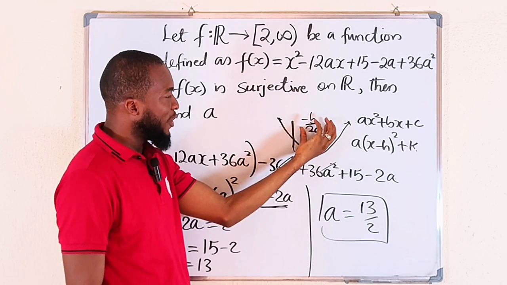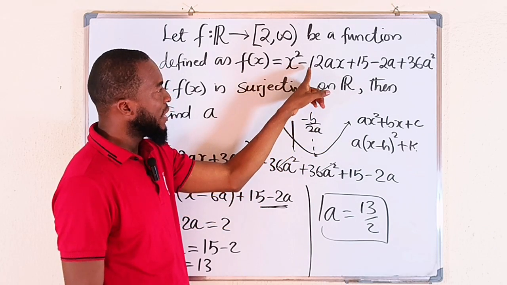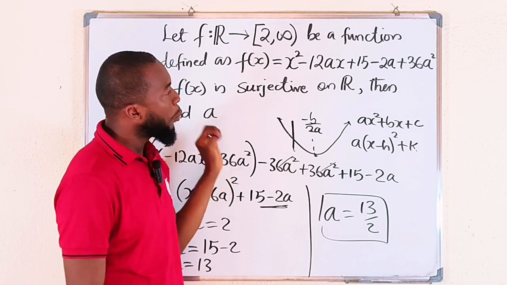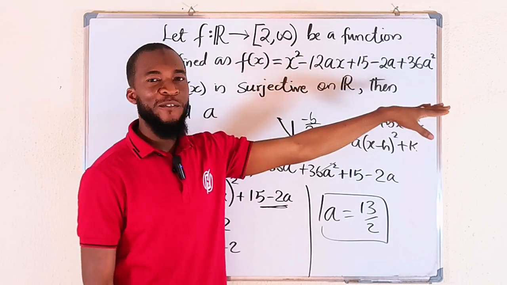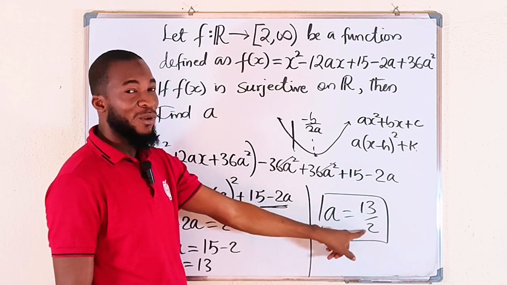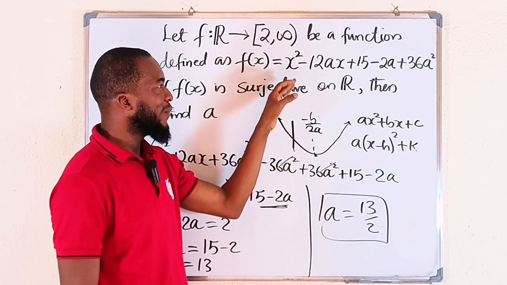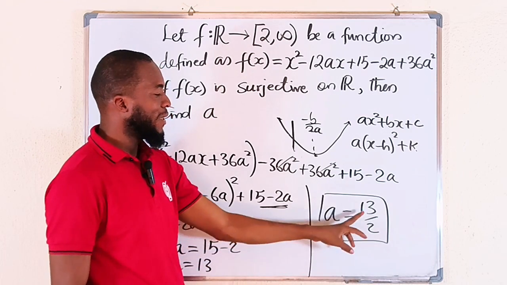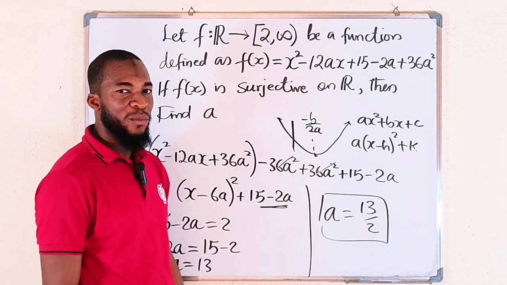So this value right here will be 12a exactly. Then take that 12a, plug it into the entire function, simplify, you have to get the value of a to be equal to this. Because if you plug in that value and simplify, it is going to give you 2, right? Then you solve for a. You get 13 divided by 2.